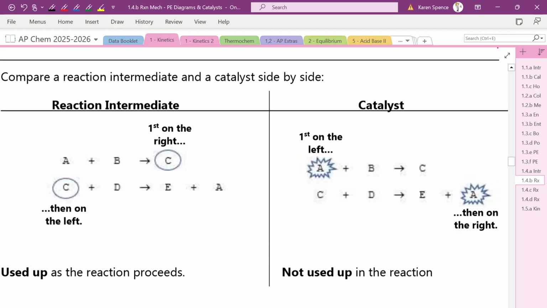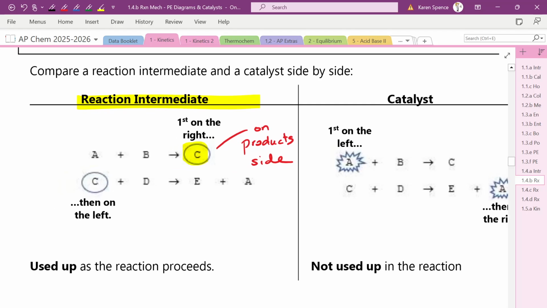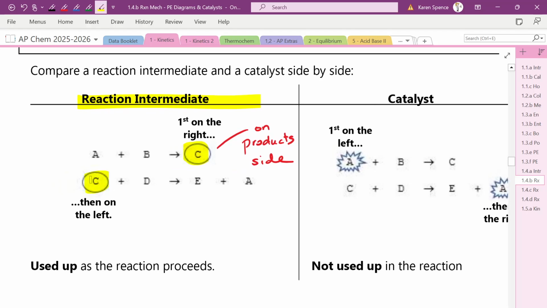You can see that the reaction intermediate appears first on the right in the products. It is produced, and then it appears on the left on the reactant side. Whereas the catalyst is the exact opposite.